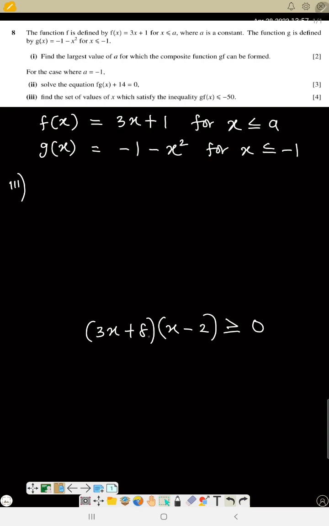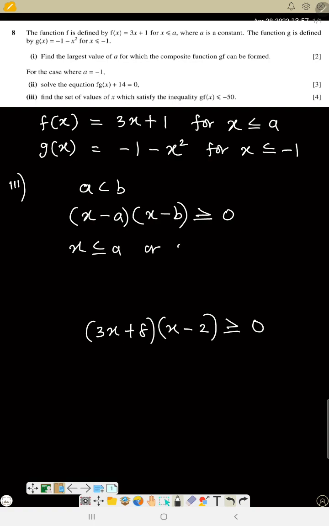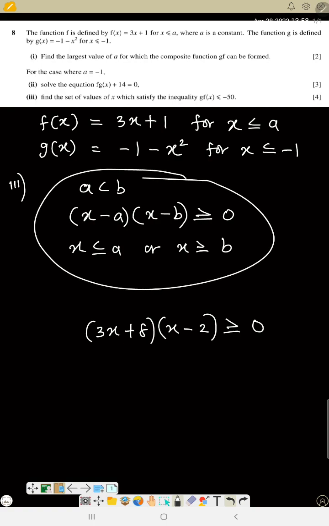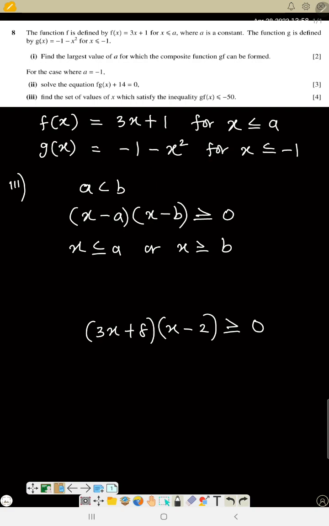If a is less than b, then s minus a times s minus b is greater than or equal to 0 means s is less than or equal to a, or s is greater than or equal to b. So you can know this.